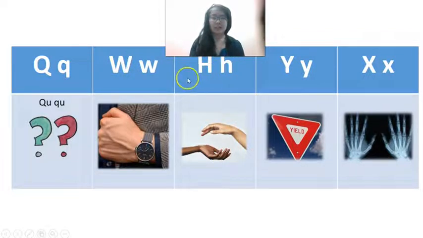This is H. H says h, like hand. This is Y. Y says y, like yield. Last, we have X. And X says x, like X-ray.